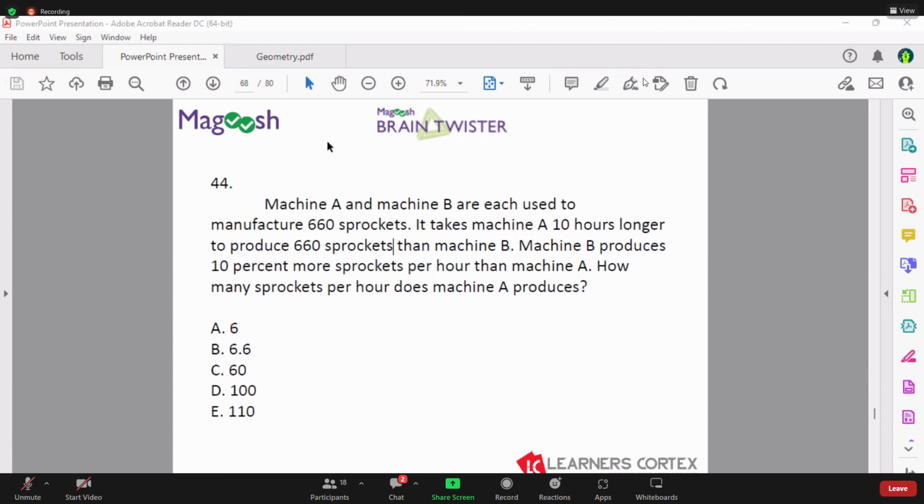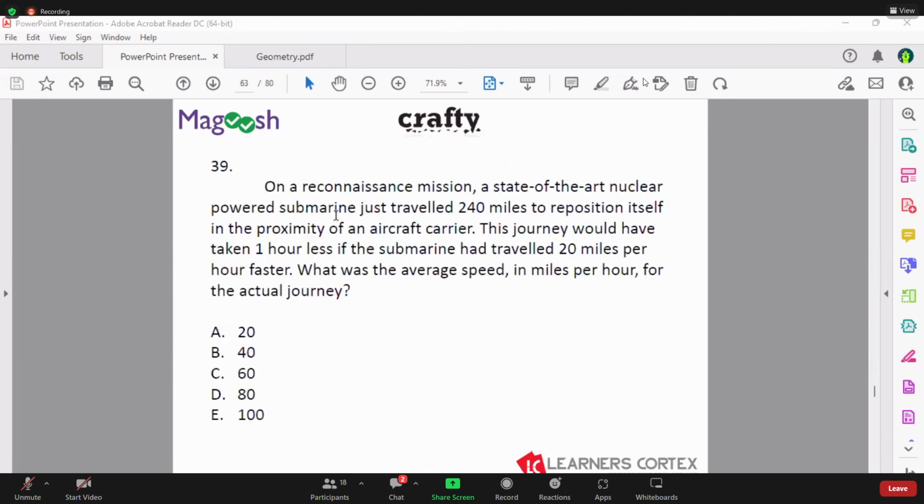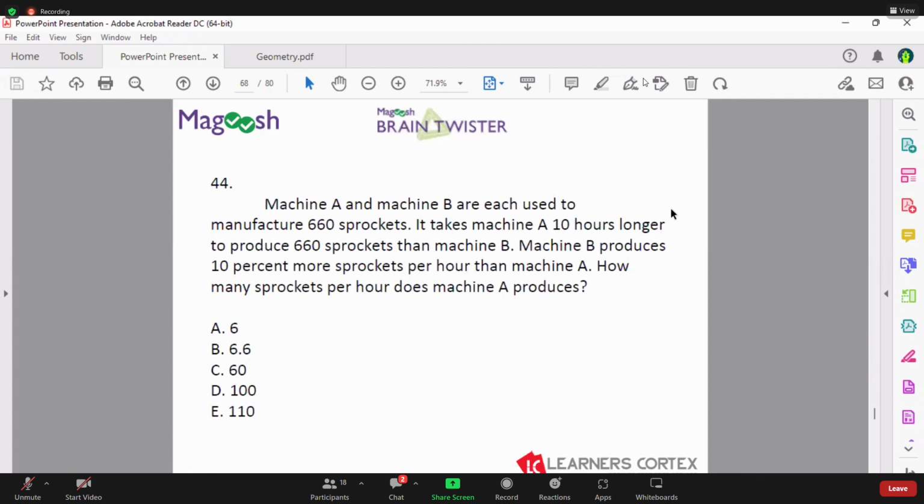Okay. Same concept that we used for the 240 miles and the reconnaissance mission question. Same concept would be used here as well. Machine A and B manufacture 660 rockets both.